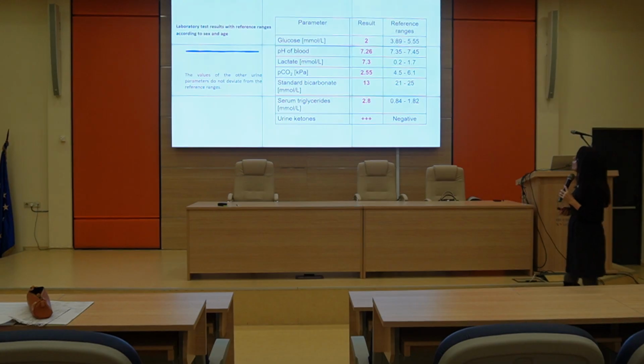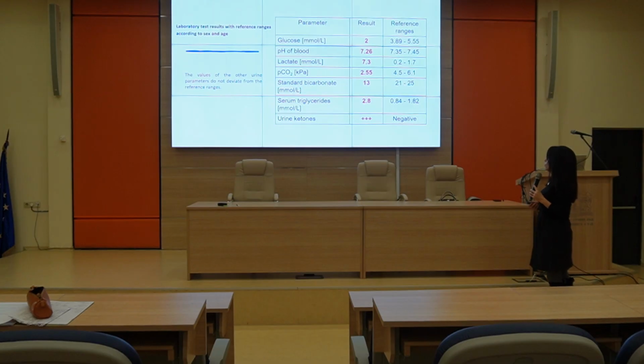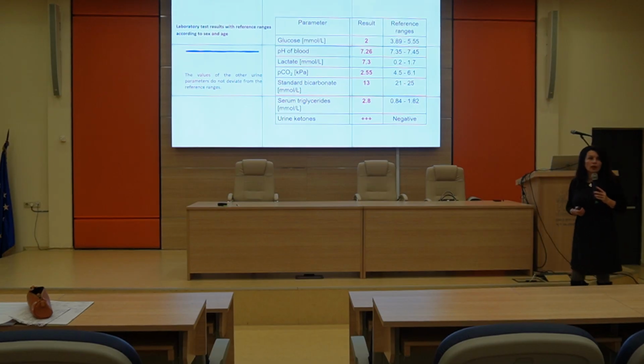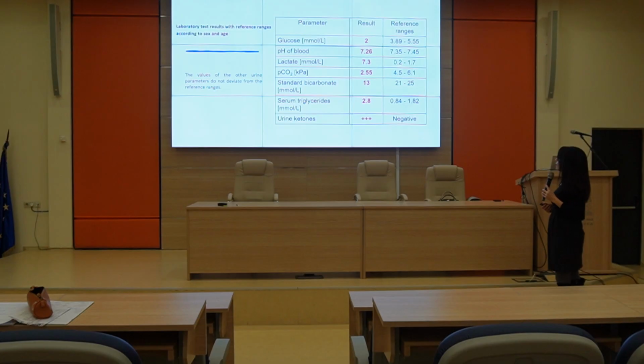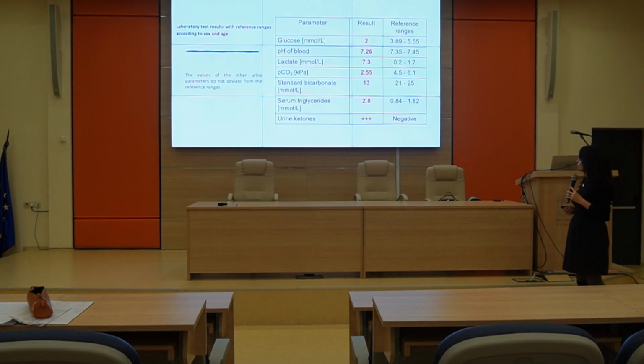Okay, the table with laboratory tests. Glucose: hypoglycemia, severe hypoglycemia. pH of blood: acidosis. Lactate: that's why there is acidosis, lactic acidosis.